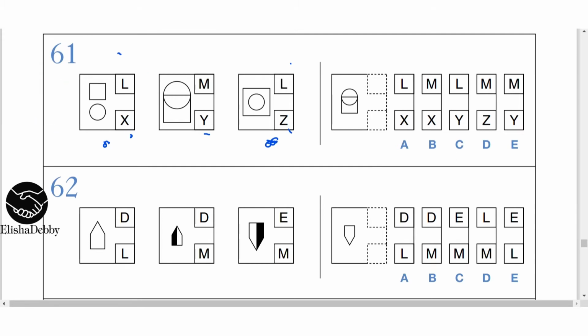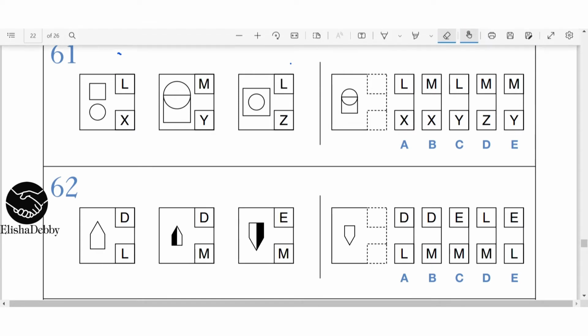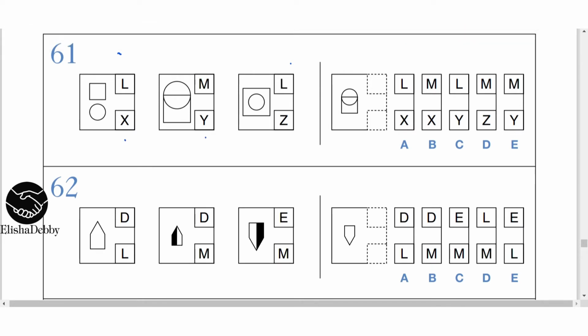at the bottom letter. So when I look at the bottom letter, I can see this is X, Y, and Z, meaning there's something that is different for all of them. And for all of them, I will say it is the positioning of the shapes.